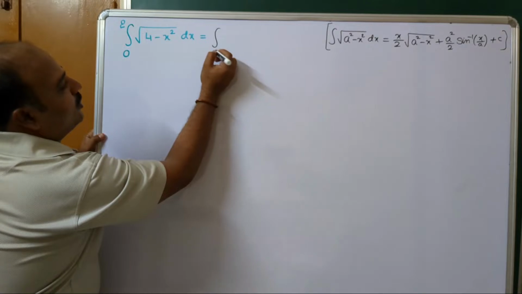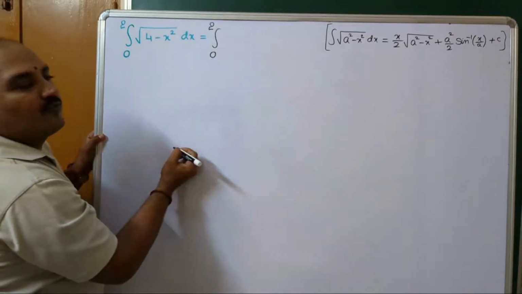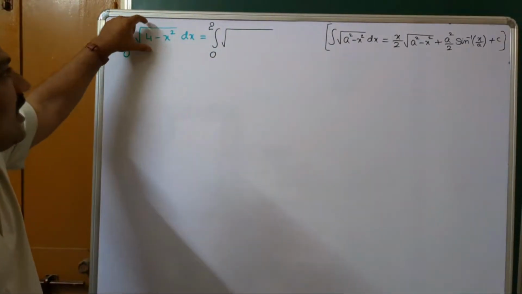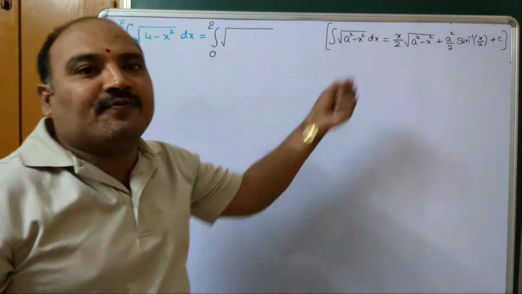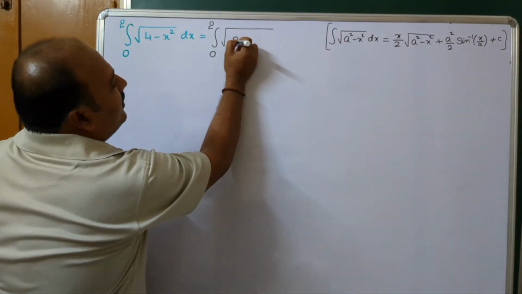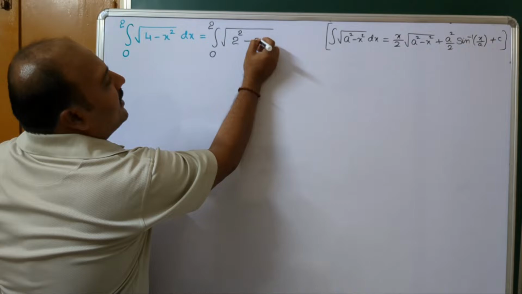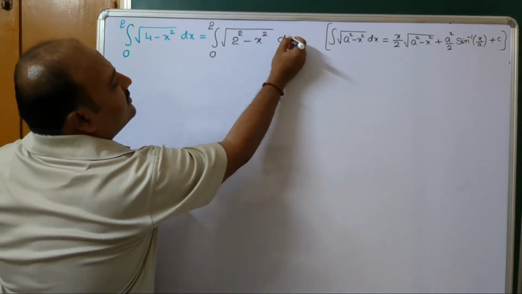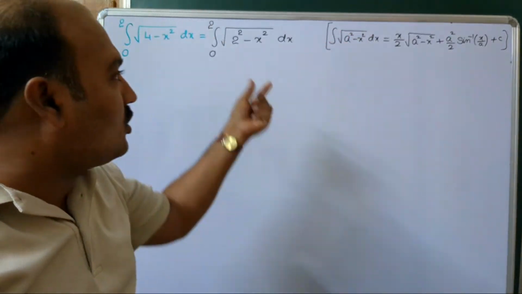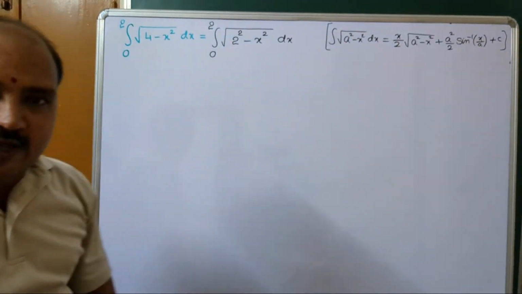Integral 0 to 2 square root of, I am going to convert this value into this formula form. In place of 4, we can write it as 2 square. Can I write like this? Minus x square into dx. Is it in this form or not? Integral square root of a square minus x square.